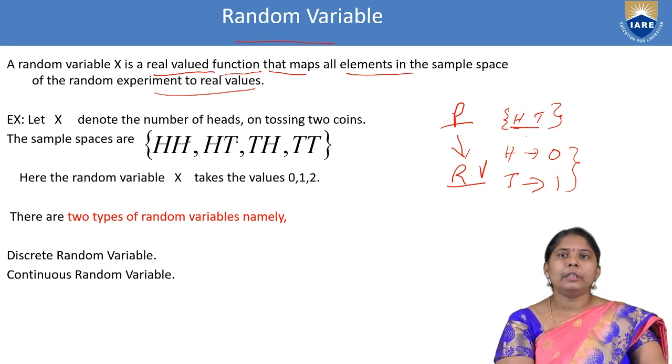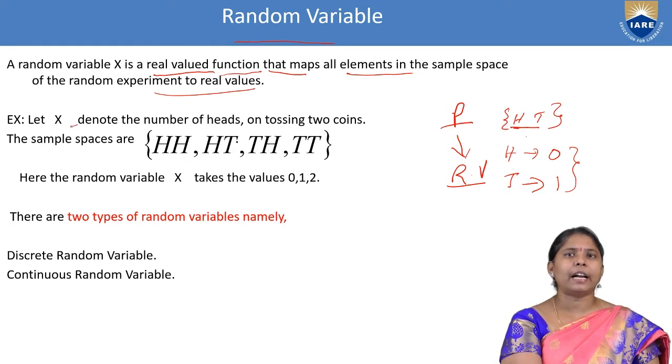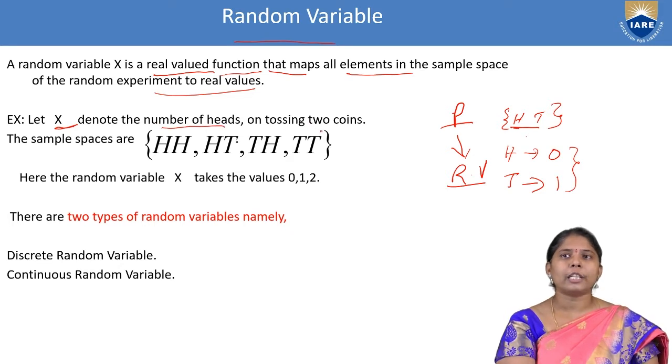Now an example. A coin is tossed 2 times. This is the sample space, the possible outcomes: HH, first trial H and second trial T, TH, TT. After that, the random variable X is defined like this: X denotes the number of heads in the coin experiment.